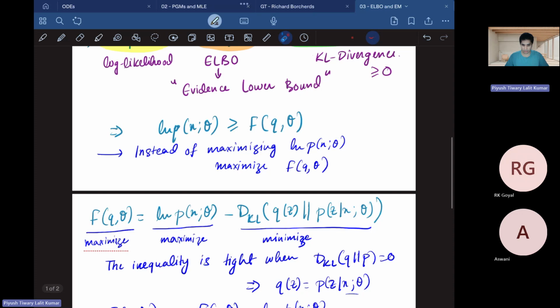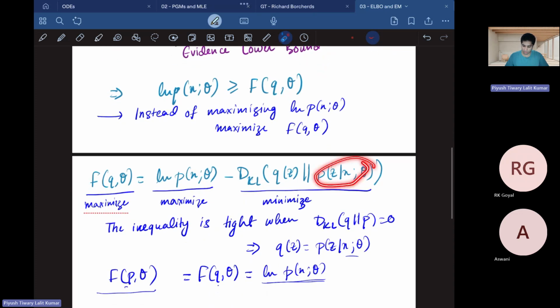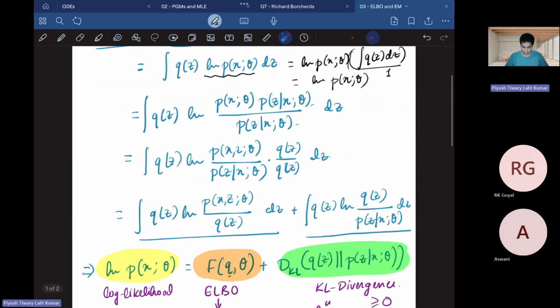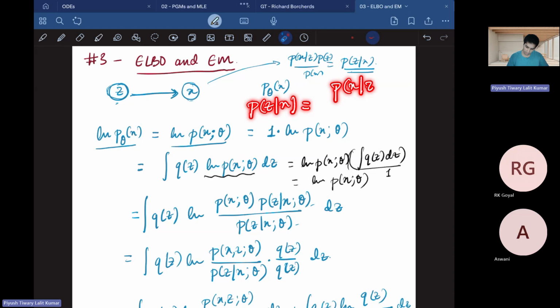In certain cases, you will be able to determine this distribution. P of Z given X is equal to P of X given Z into P of Z upon P of X. Is that right? Yes.